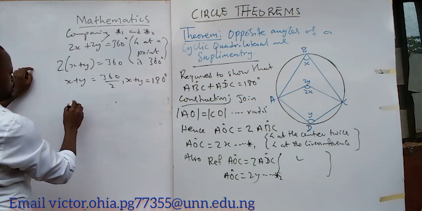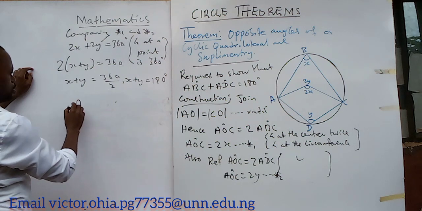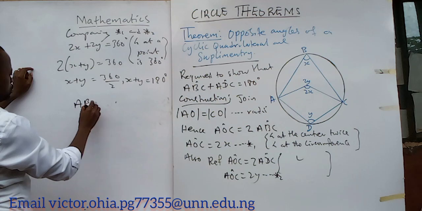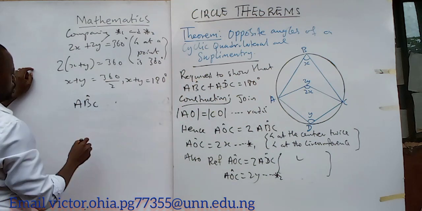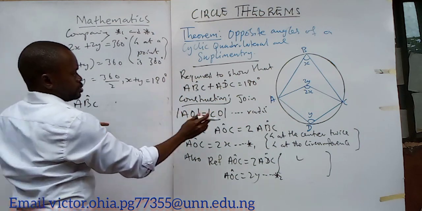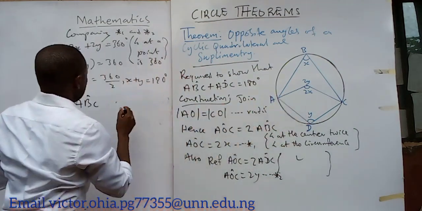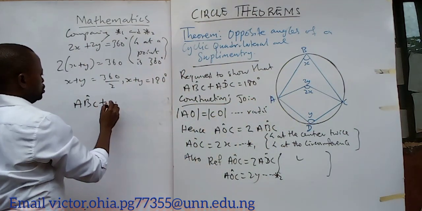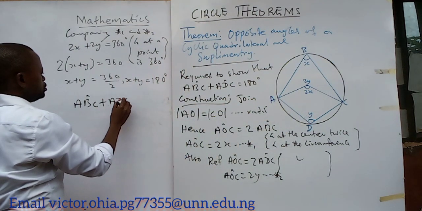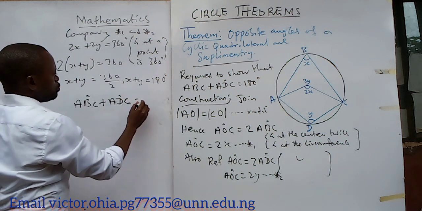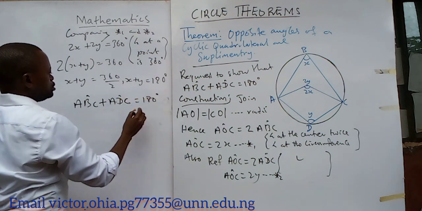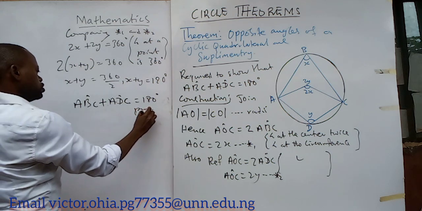What is x? We will now know that x is angle ABC from that diagram. And what is y? y is ADC, so ABC plus ADC is equal to 180 degrees. Hence, the case is proved.